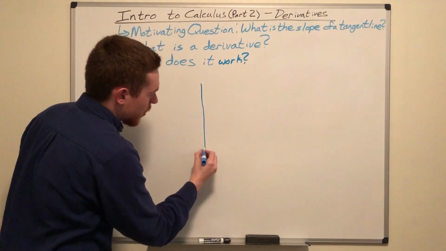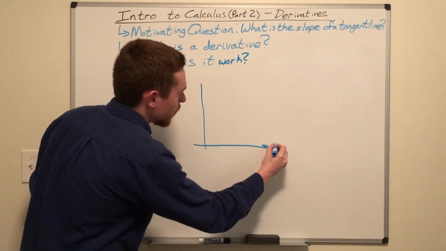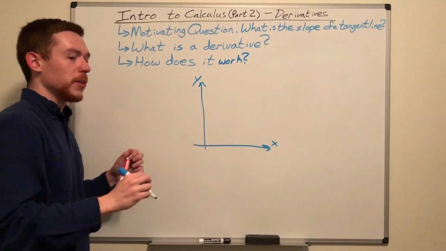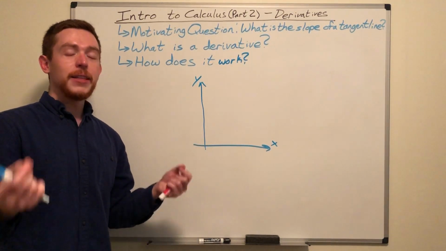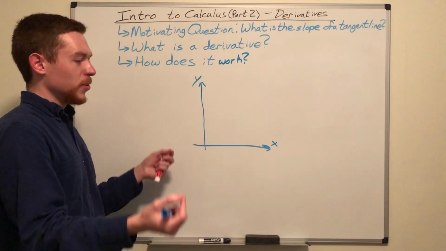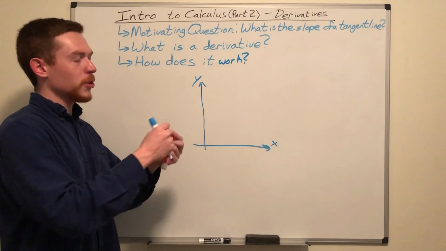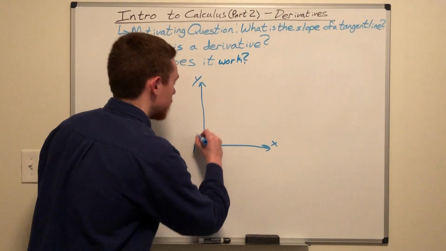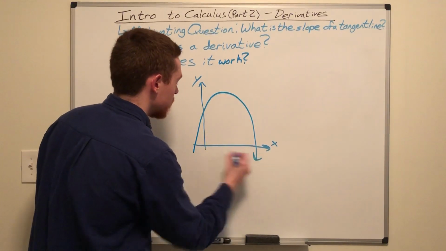Basically, the idea behind answering the question, what is the slope of a tangent line, is to look at the slope of secant lines and then to use a limit to understand what happens as those secant lines get closer and closer to a tangent line. So let's get a picture going to be able to understand this.